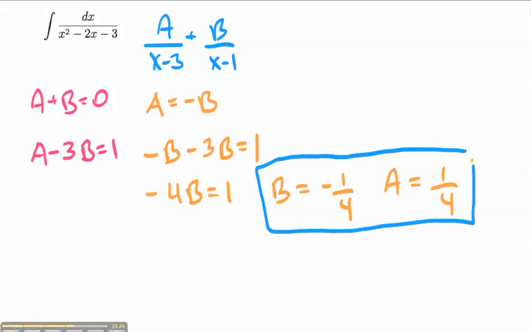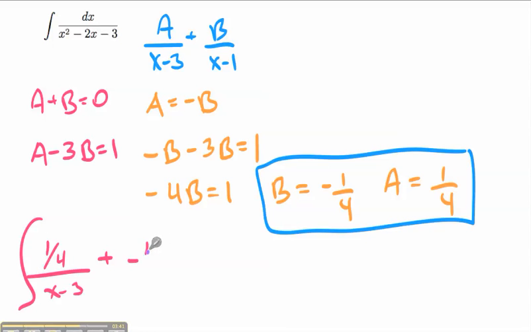Now we're going to plug back into here. We're going to rewrite this as the integral of (1 over 4) over x minus 3, and we're still taking the integral. We haven't integrated yet. Plus minus 1 over 4, oh sorry, that's a plus, over x plus 1.